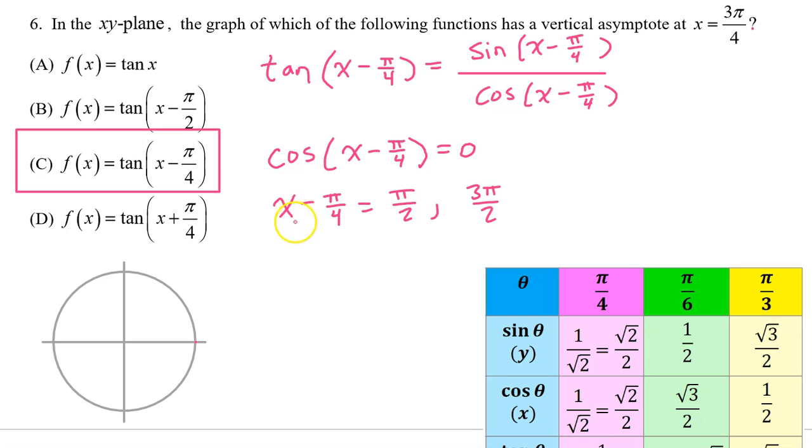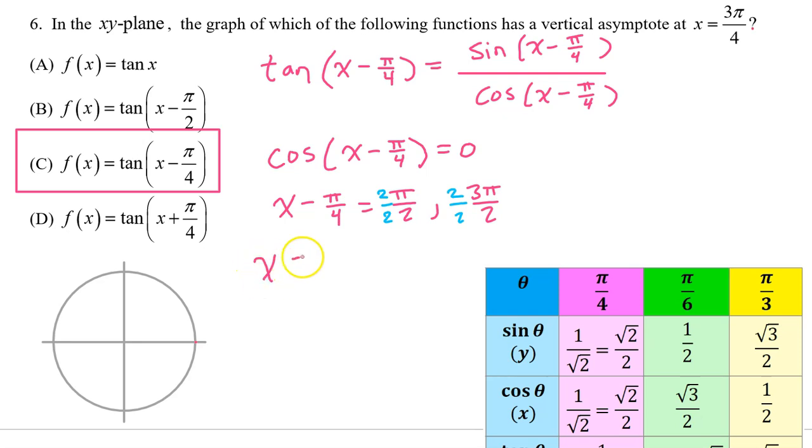So to find x, we need to add pi over 4 to both sides. Let's do 2 over 2 to convert these to like denominators. So if I multiply by 2 over 2 here and here, we are looking at 2 pi over 4 and 6 pi over 4. Keep that in mind.